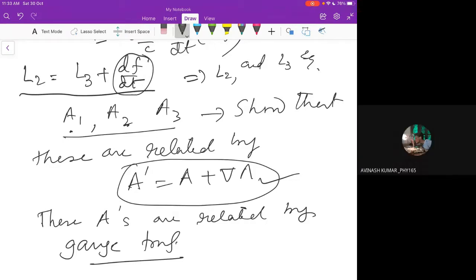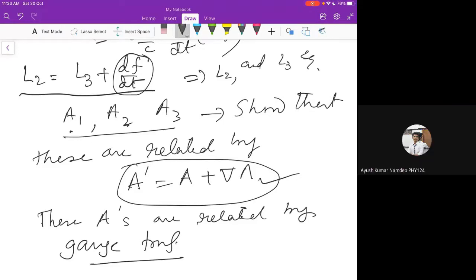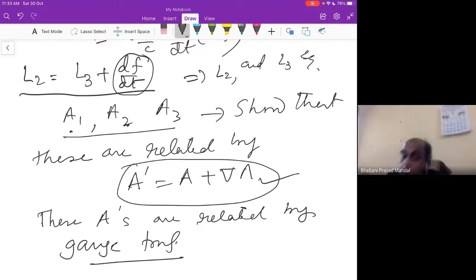Ayush Kumar Namdeo, 124. Deepak Mishra, Math 054. Govind Chand is 127.